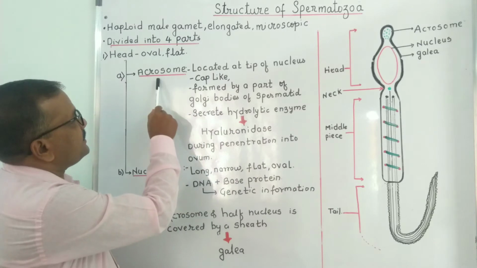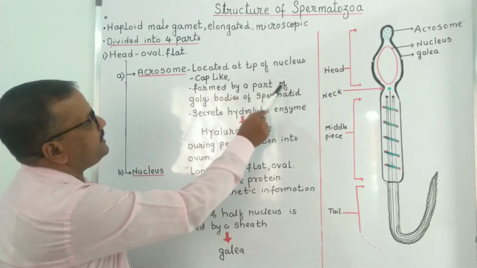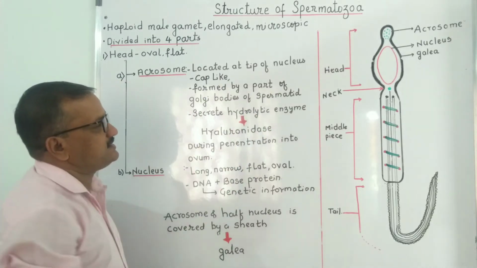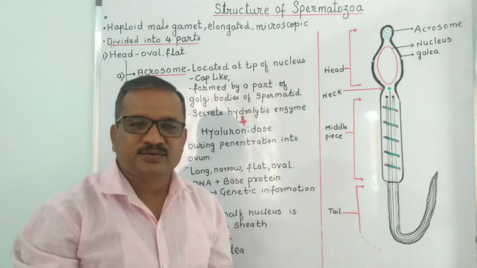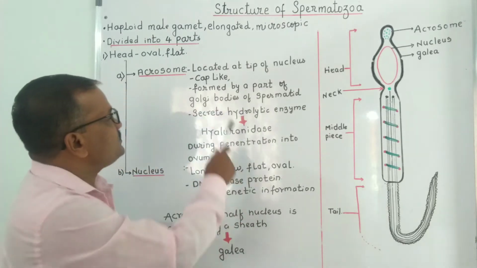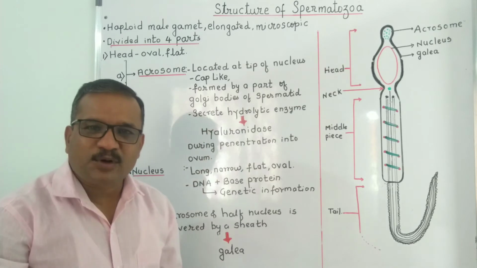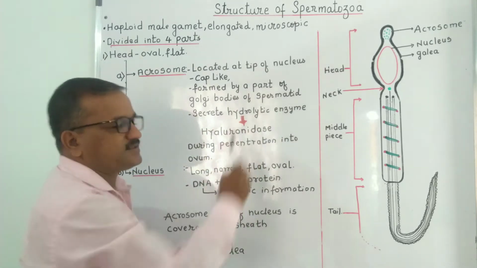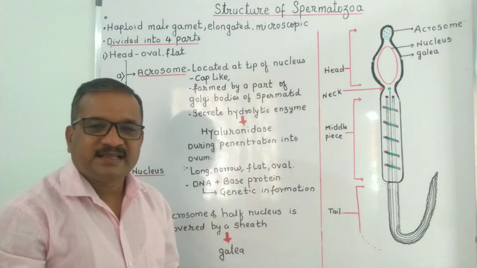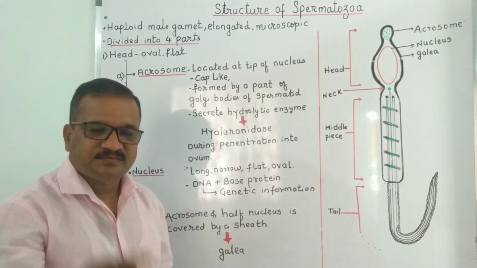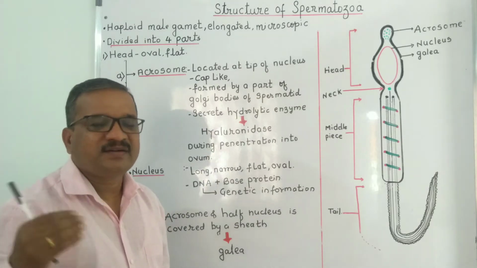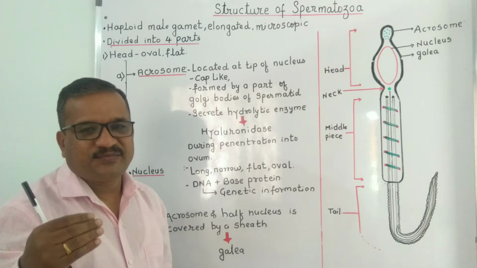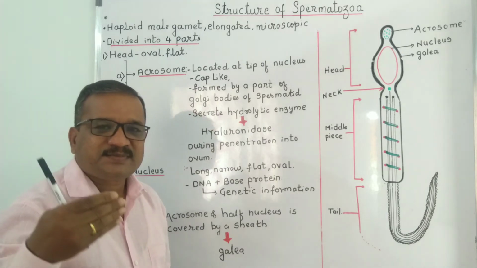Next, acrosome is formed by a part of the Golgi bodies of spermatids. So how does the formation of acrosome take place? It forms from a part of the Golgi bodies during the spermatid stage. When the spermatids are formed inside the TS of testes, we have seen how the formation of spermatozoa takes place, and before the formation of spermatozoa, spermatids are formed.